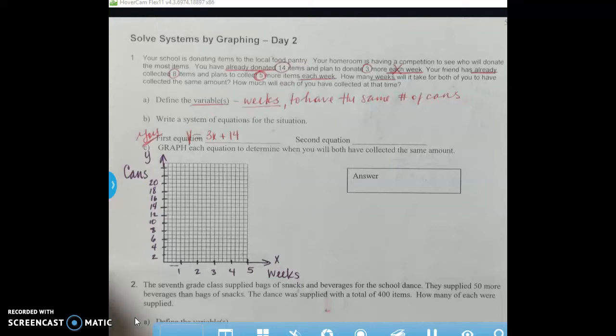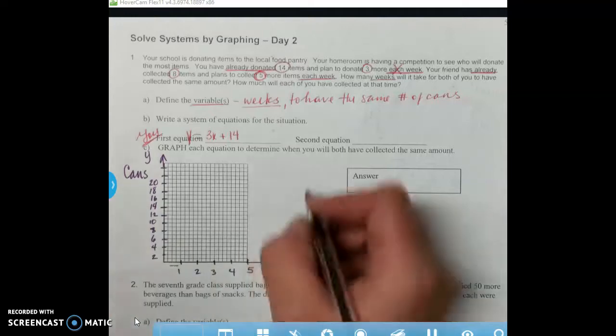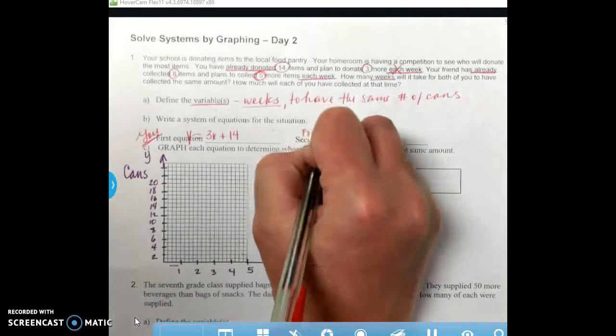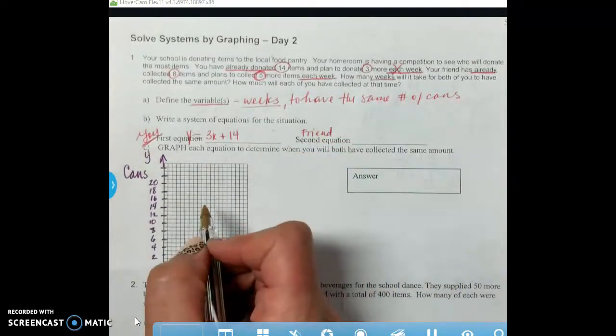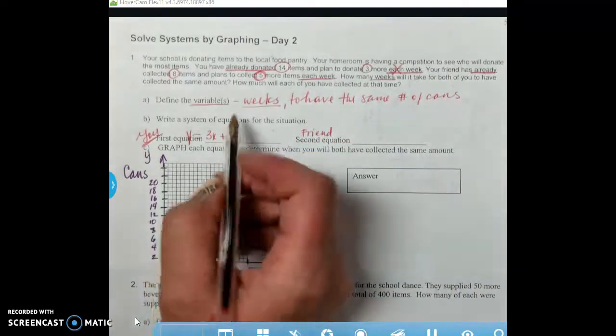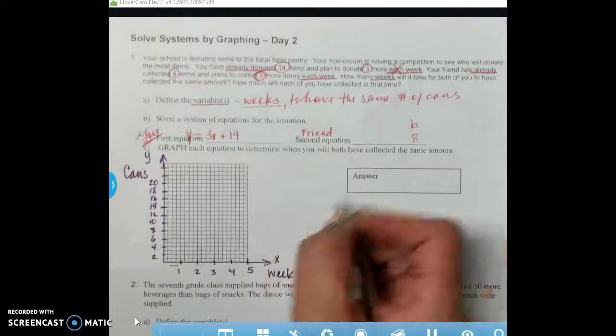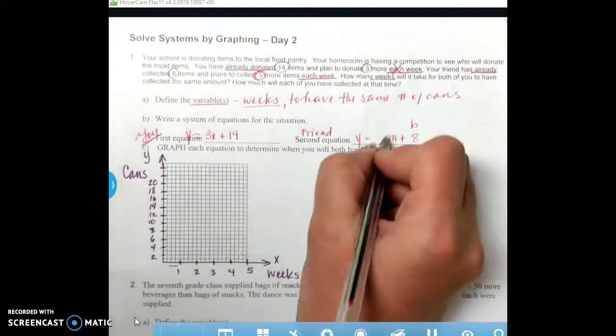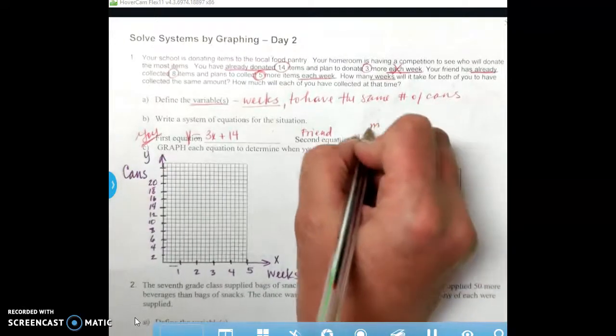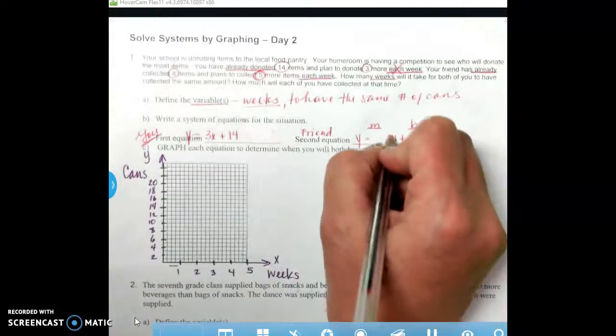All right, your friend. Can you already come up with the equation for your friend? How many has your friend already brought? 8 items. That is the beginning balance. How many are they bringing each week? That's an x.